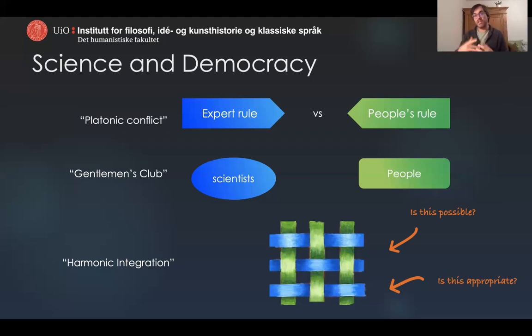It's woven into the society in a way that enhances decision making by democratic societies. The question is, is this possible? And should science work like that? Or is the gentleman's model completely fine?